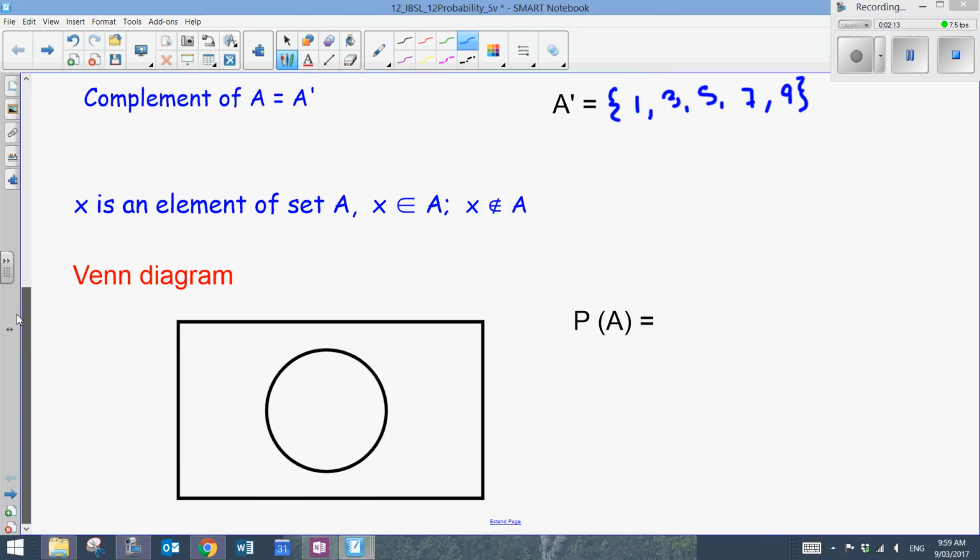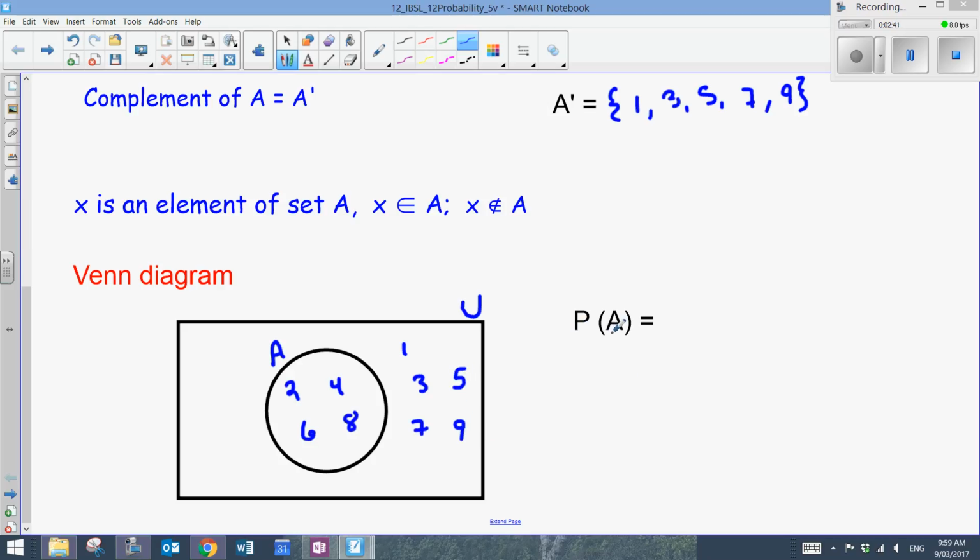So when we take this information and make our Venn diagram, this entire rectangle is our universal set. So the universal set includes all integers between 0 and 10. Then we have a set A that includes our 2, our 4, our 6, and our 8. Anything that's not in A would go outside the circle, so the 1, the 3, the 5, 7, and the 9.